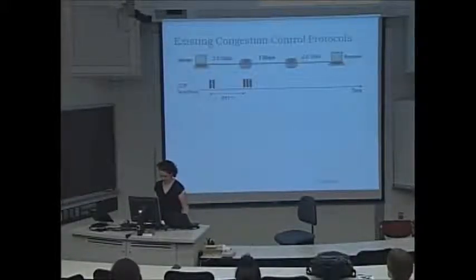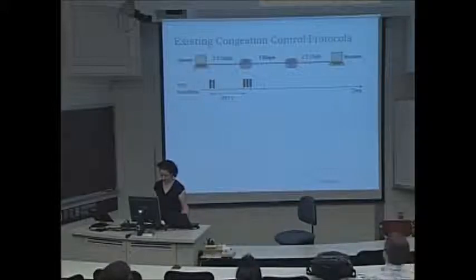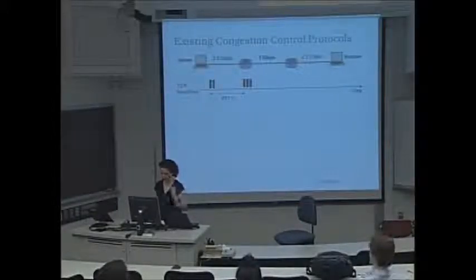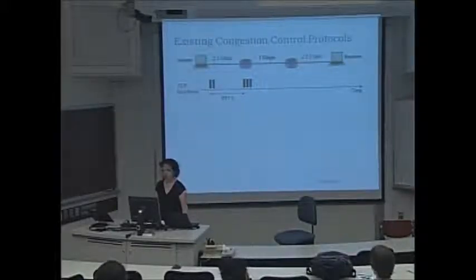quickly to send. The predominant congestion control protocol deployed on the internet today is TCP New Reno. And in New Reno, the sender starts out by sending a very low number of packets and then waits for a round trip time, or an RTT, until ACKs for these packets come back from the receiver.